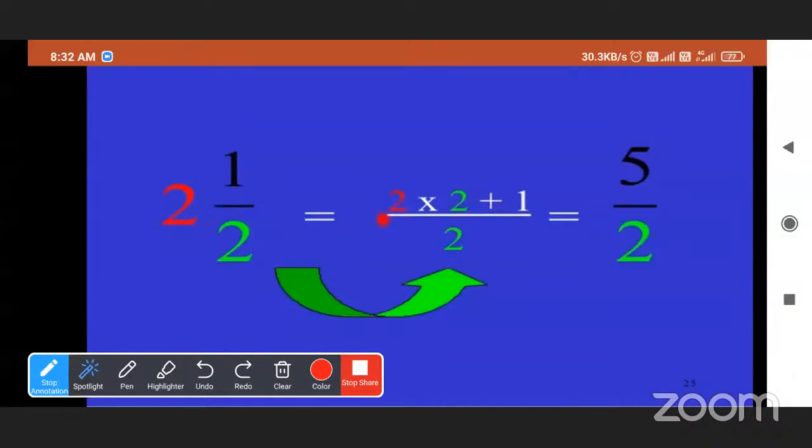So see here, 2 into 2 plus 1. So here we multiply this, and after multiplying we add the numerator part. Okay, so 2 into 2 plus 1 upon 2. So the answer is 5 upon 2. So here we convert the mixed number into an improper fraction. Okay, good.